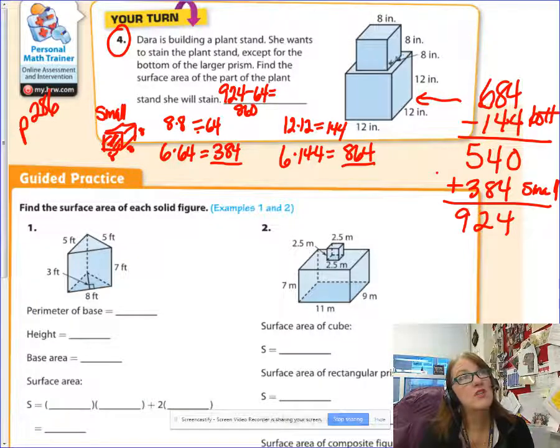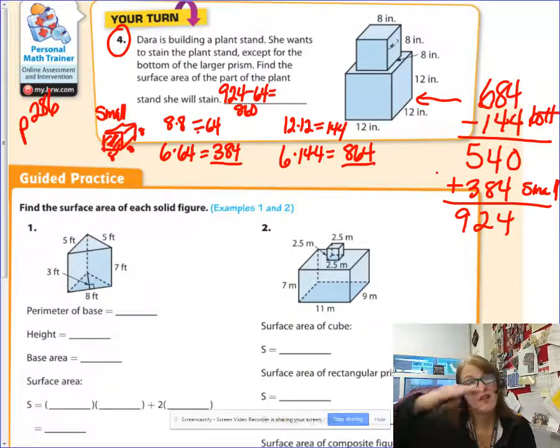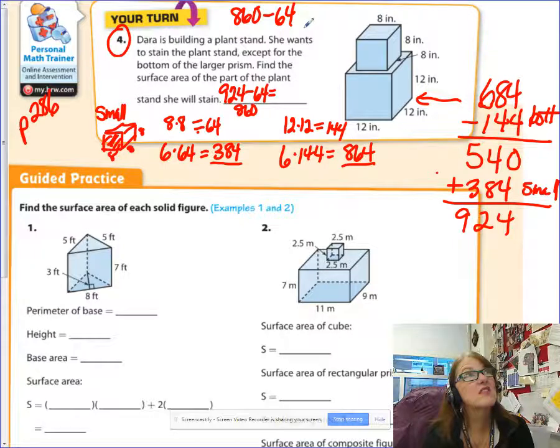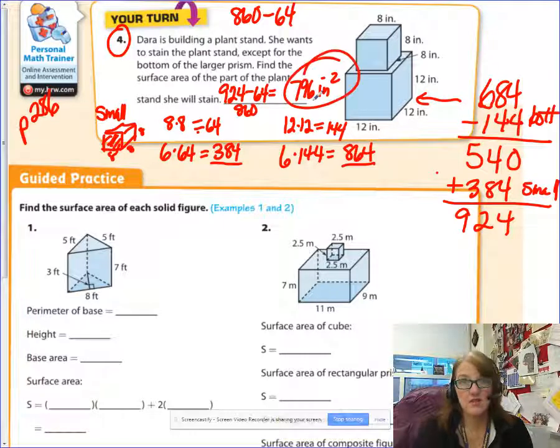Well, then maybe since this little box is covering the top of a little square on this big box, maybe we have to take off another 64. So when I took off 860 minus another 64, I got 796 square inches. And that's what the book said.